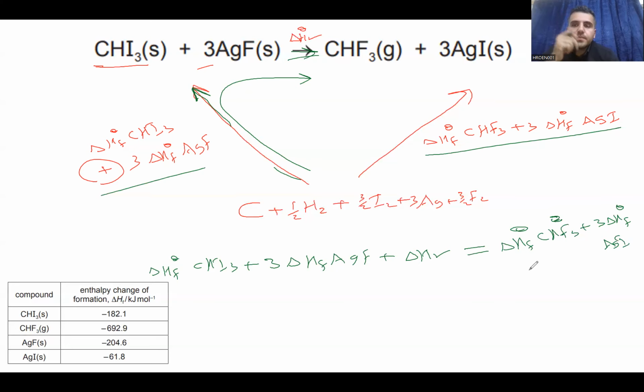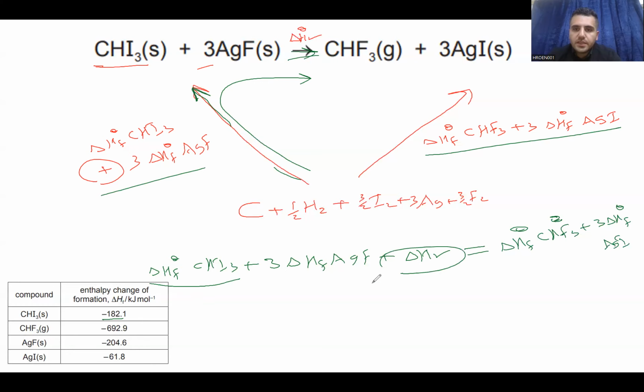That's it. Okay, guys. Now we just need to substitute the values here. Instead of writing delta HF of CHI3, we can write only minus 182.1, right? We just substitute the values and it's over.